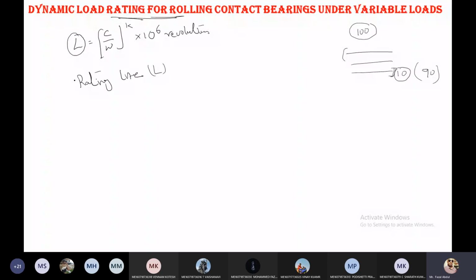C is the basic dynamic load rating, and capital W is the equivalent dynamic load.